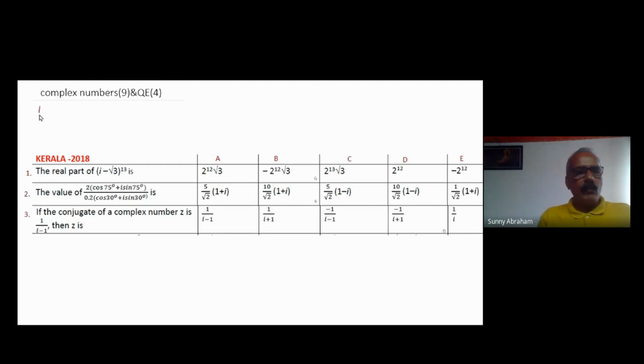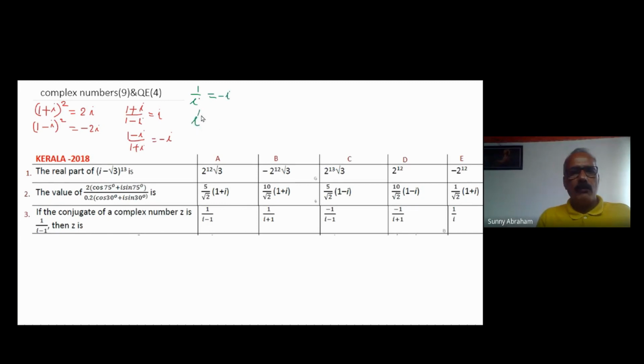Number 1, (1 plus iota) the whole square is 2 iota. (1 minus iota) the whole square, you should keep in mind, is minus 2 iota. (1 plus iota) divided by (1 minus iota) is iota. (1 minus iota) divided by (1 plus iota) is minus iota. 1 by iota is always minus iota.